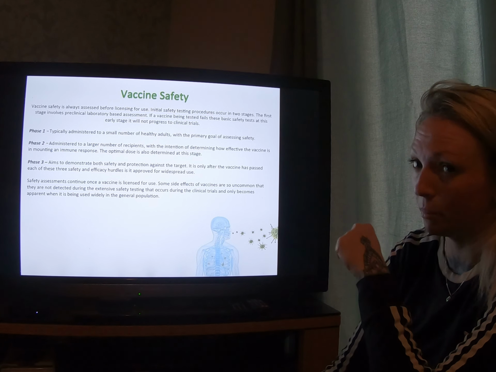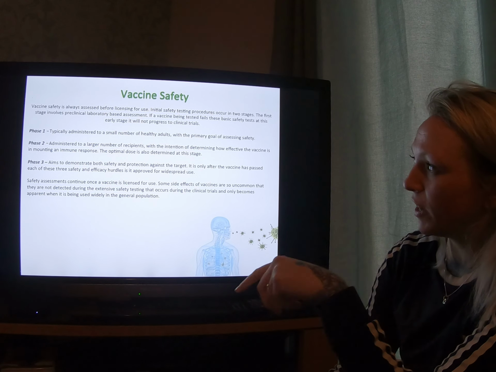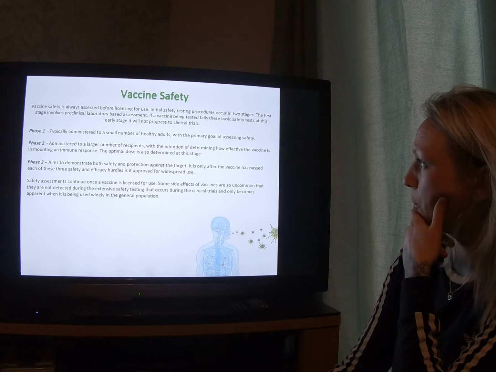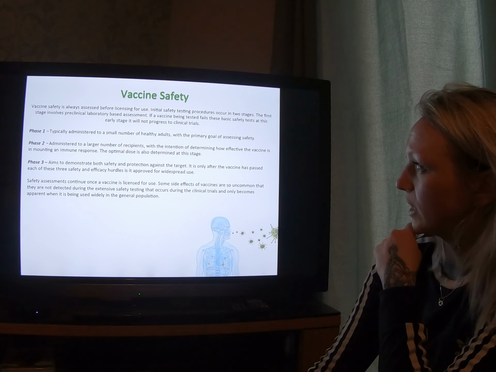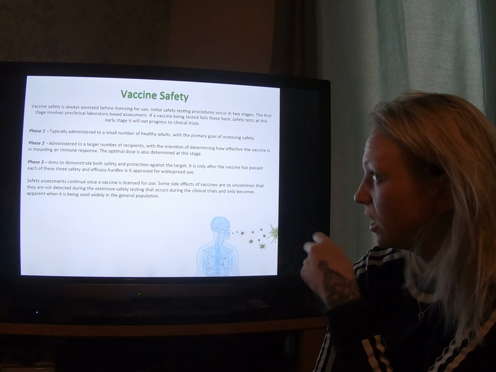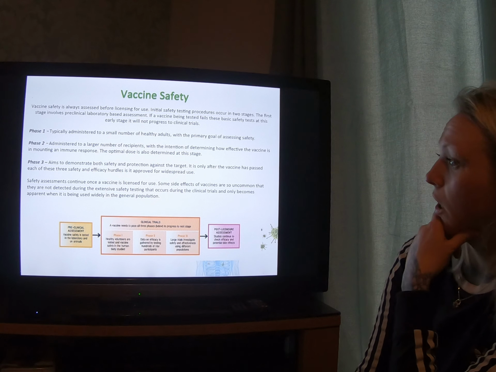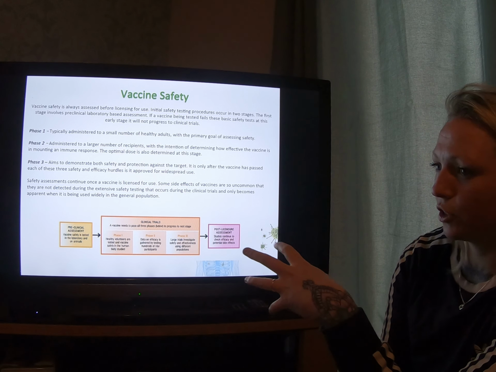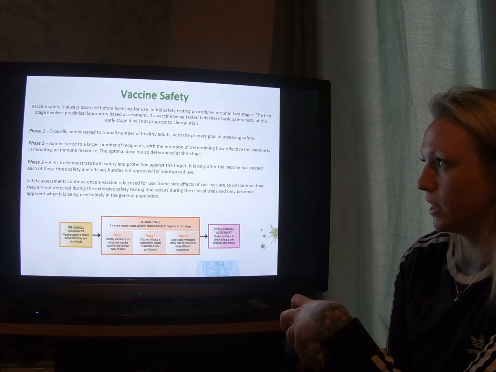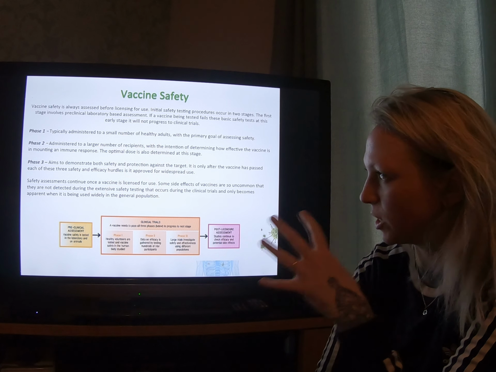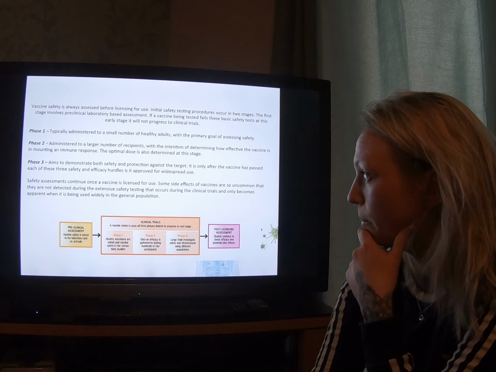Optimal dose is also determined at this stage. Phase 3 aims to demonstrate both safety and protection against the target. After the vaccine has passed each of these 3 stages, the efficacy hurdles, it is approved for widespread use. Even after it's gone through these phases, sometimes side effects can come out later on when it's given to the wider population.